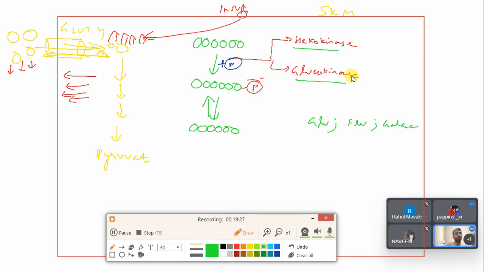Are they specific to only glucose? Are they specific to fructose or galactose, or are they equal to all, they can take everything? First, tell me about hexokinase. Is it specific to something, or can it act on all of them?